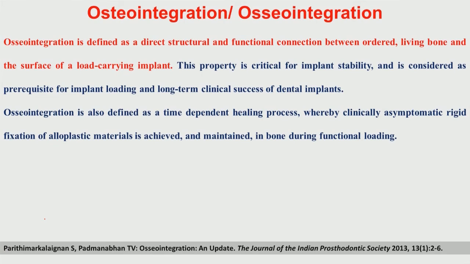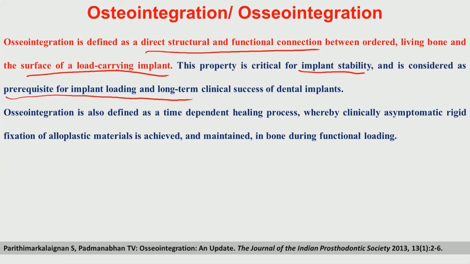So, osseointegration is defined as the direct structural and functional connection between ordered living bone and the surface of a load bearing implant, which is essentially non-living material, and this property is critical for the implant stability, that is long term implant stability, and certainly it is a prerequisite for load bearing implant and long term clinical success. So, therefore, osseointegration is quite an important process as far as the preclinical assessment is concerned.